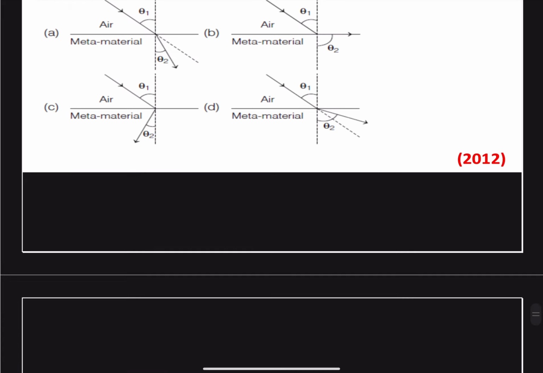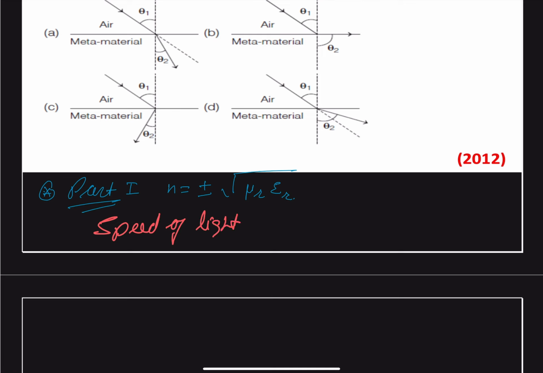So let us go for part 1, and we are given that the refractive index for the material is plus minus square root of mu r and epsilon r, and we also know that the speed of light in the medium, that is v, is equal to c upon modulus of n.